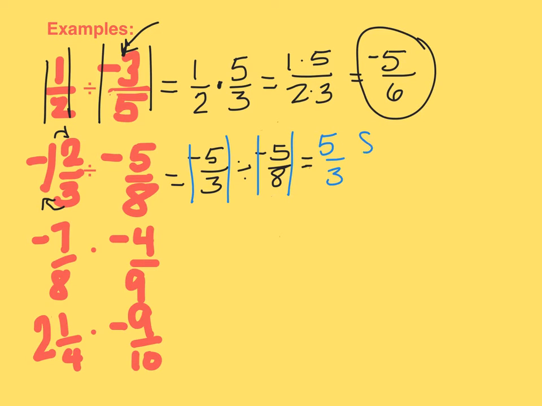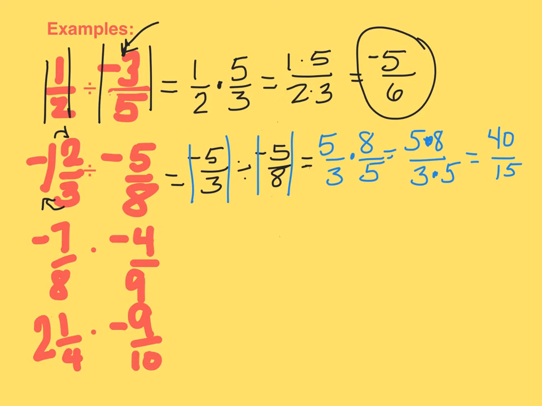Flip the second. Now we multiply. Keep the top with the top and the bottom with the bottom. Make sure you know that was a multiplication sign. 5 times 8 is 40. 3 times 5 is 15.